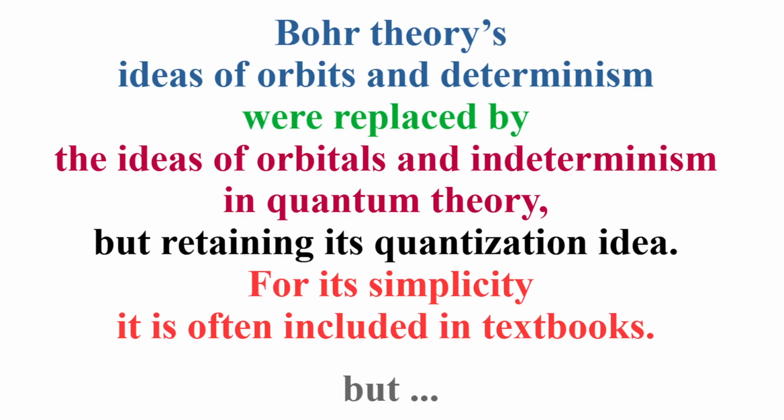After Heisenberg stated his uncertainty principle as a consequence of the wave-particle duality idea of de Broglie theory, it became evident that either Bohr theory with its idea of determinism, due to its ability to calculate both the radius of an orbit and hence the position of the electron in it, as well as the momentum of the electron at the same time, should be correct, or de Broglie theory with its idea of indeterminism due to the uncertainty principle has to be correct.